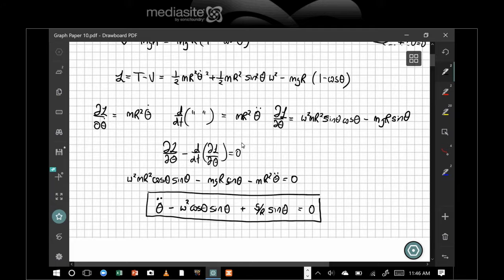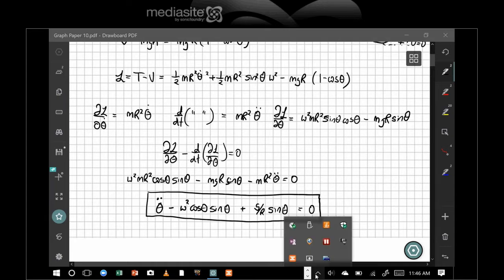If I do that, I'm going to get theta double dot minus, the m r squareds cancel out, omega squared cosine theta sine theta, plus g over r sine theta equals 0. Okay, that's my equation of motion.